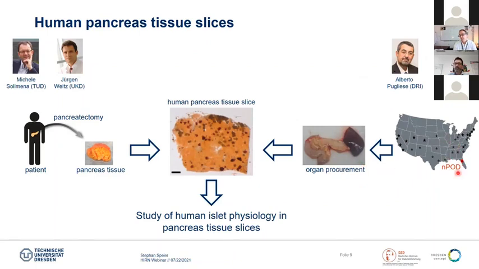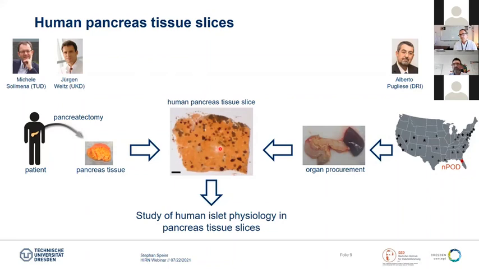So first we established this in Miami, and then we transferred the technology to Gainesville. And so we managed all together to get the same approach going from tissue that we got from organ donors as we had from tissue donors from pancreatectomies.